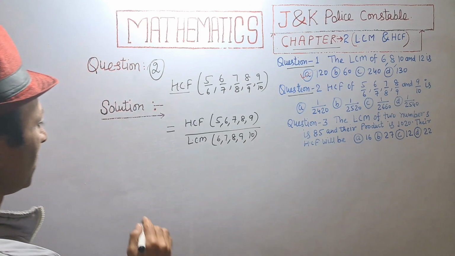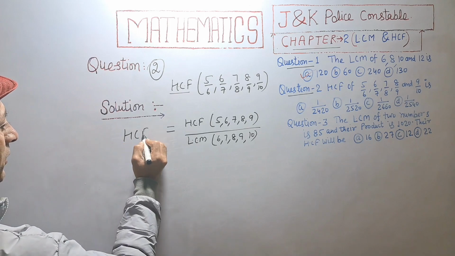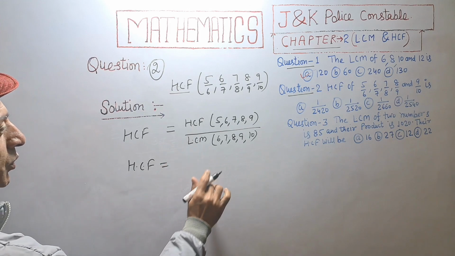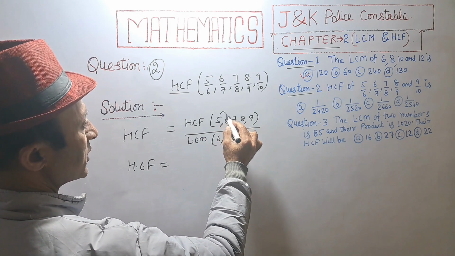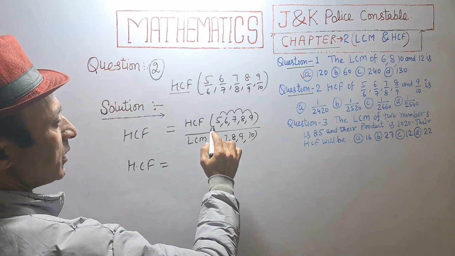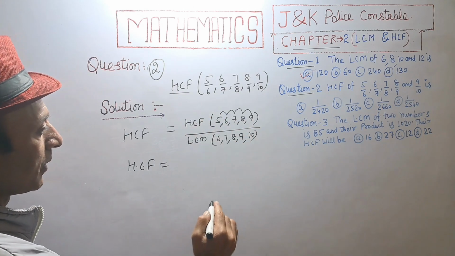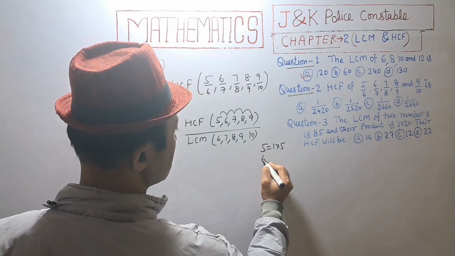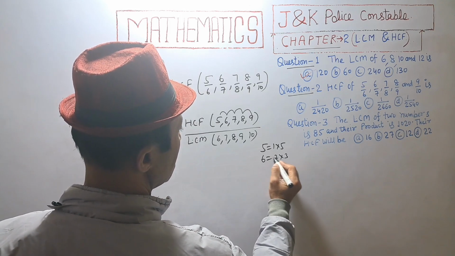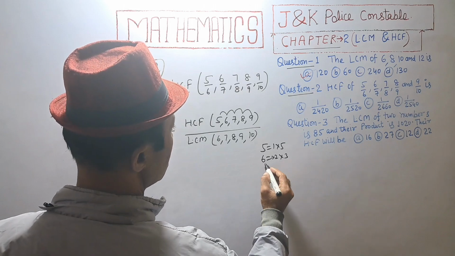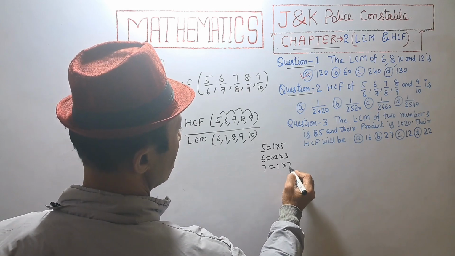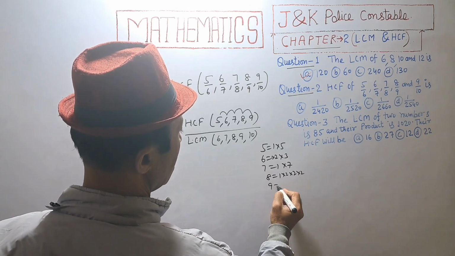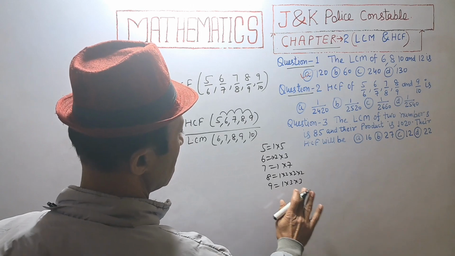We find HCF. HCF is equal to highest common factor of 5, 6, 7, 8, 9, that is equal to 1. 5 is equal to 1 into 5. 6 can be written 2 into 3, and 1 into 2 into 3. 7 is equal to 1 into 7. 8 is equal to 1 into 2 into 2 into 2, and 9 is equal to 1 into 3 into 3, that is 9.